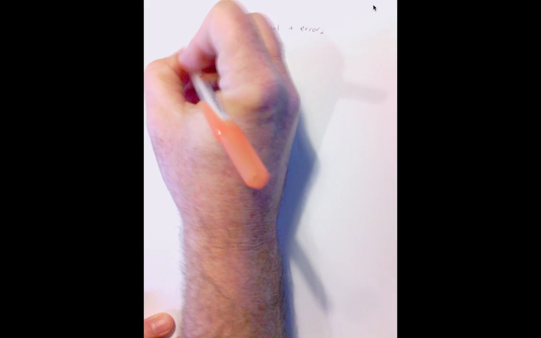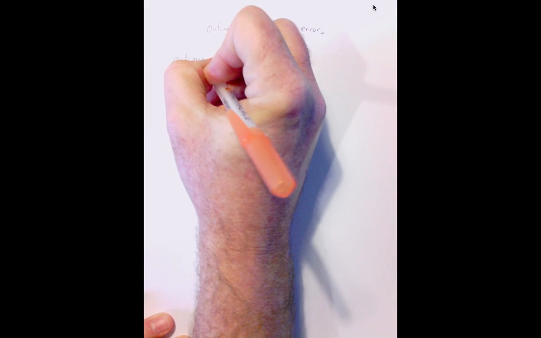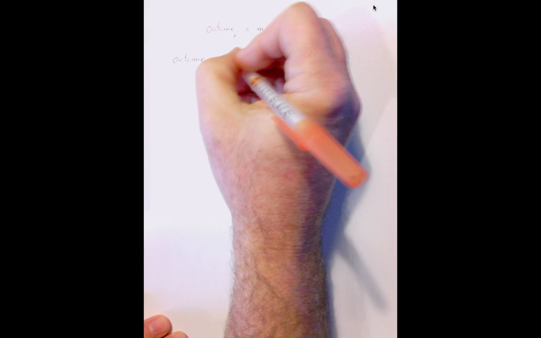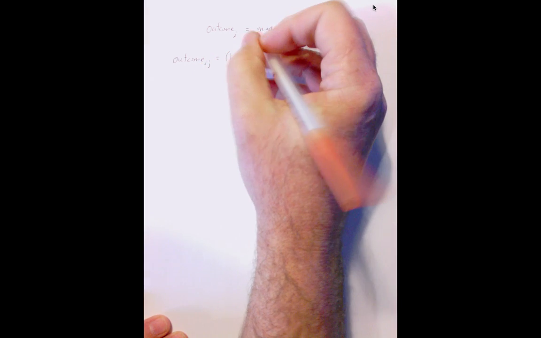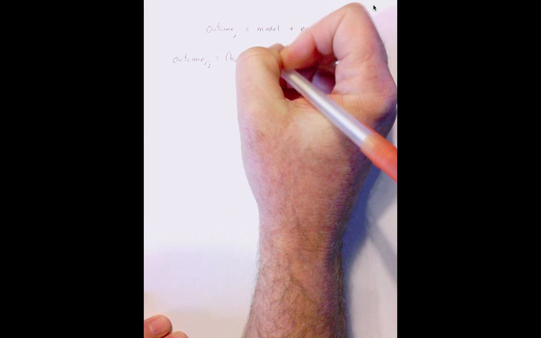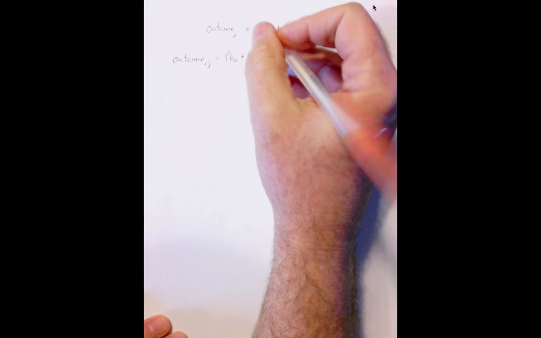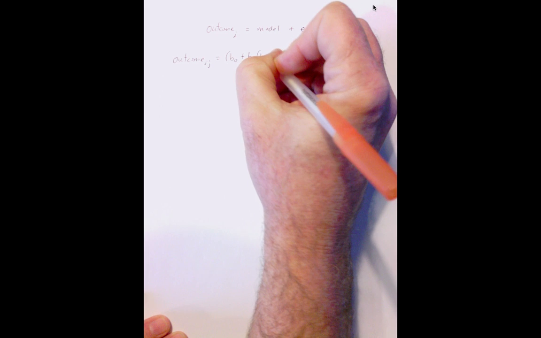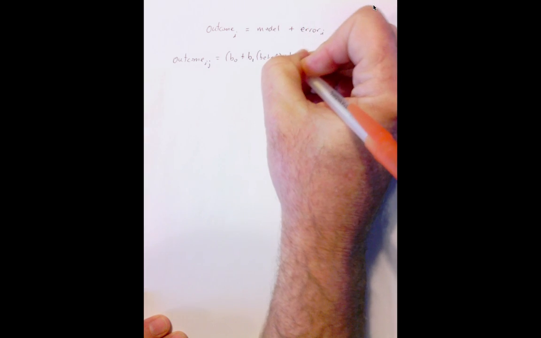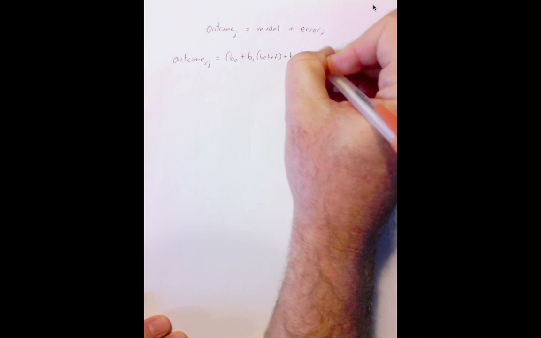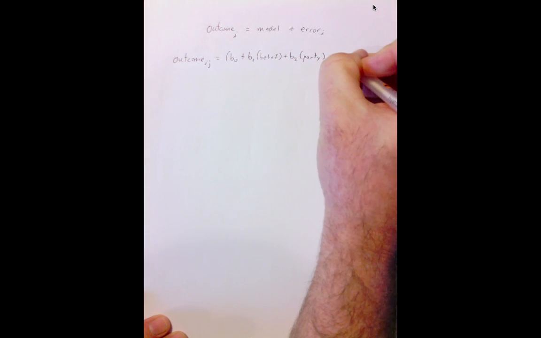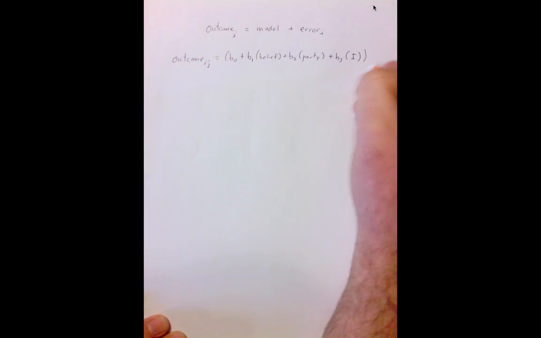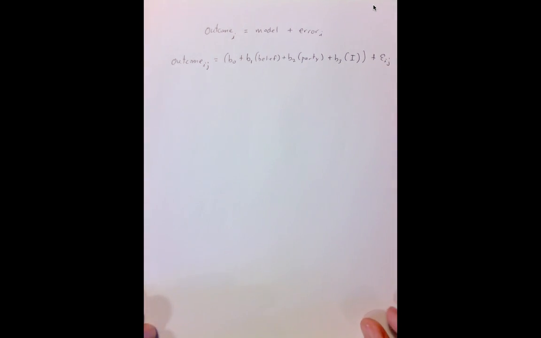So we can think about this as the outcome for the ij component, the ith row in the jth column, as b0 plus b1 times the belief plus b2 times the party plus b3 times the interaction plus the error term for that particular cell.